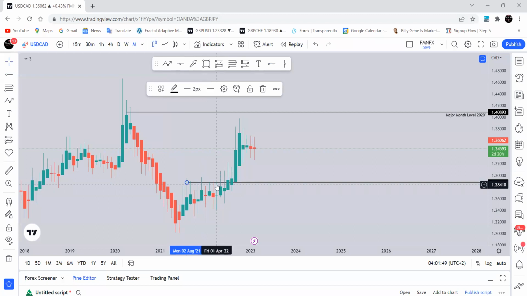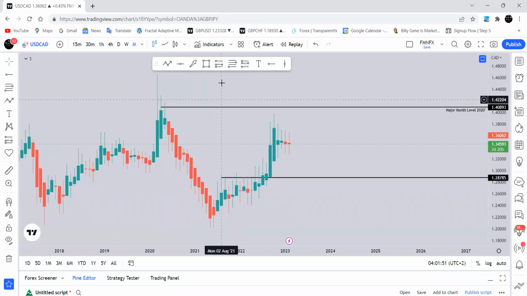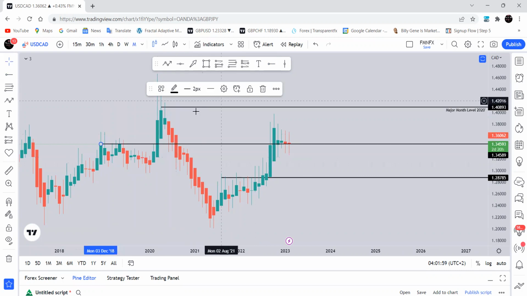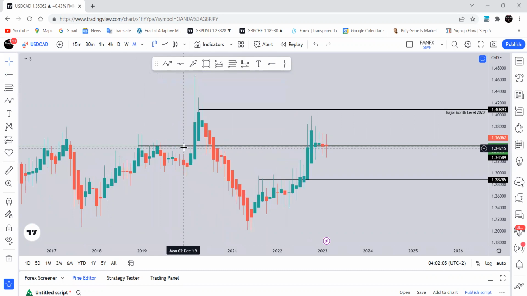Okay, trying to go for the wicks. Looks like we have a floor. Let's do the top. Why the top? Because that's where price is right now, so it's establishing some type of support.